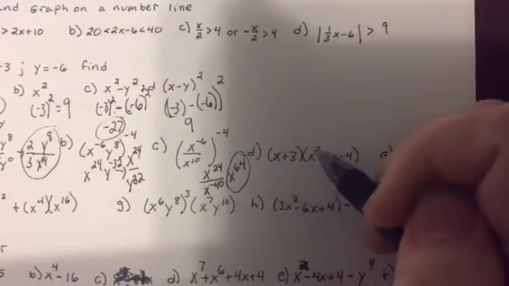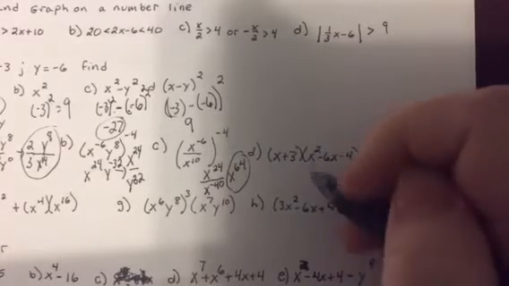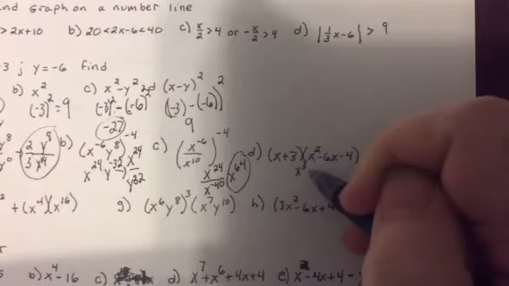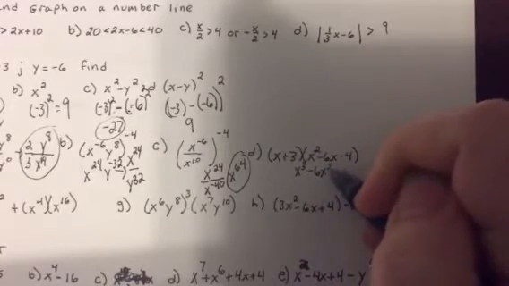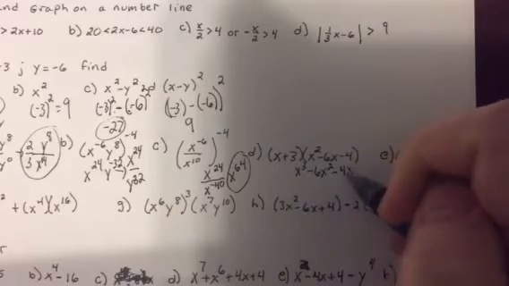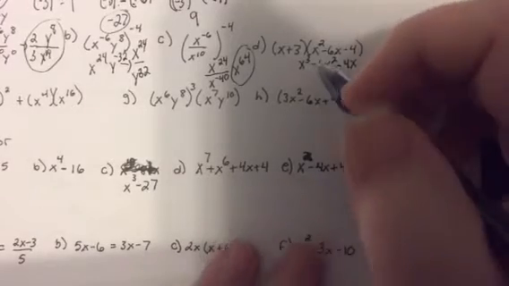Let's see, here you just multiply the first term by each term, multiply the second term by each term. So this would be x cubed minus 6x squared minus 4. I don't know why I have this dark spot here. I got all my lights done. Let's do, oh, that's better.